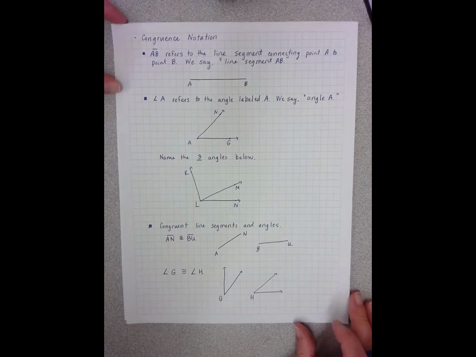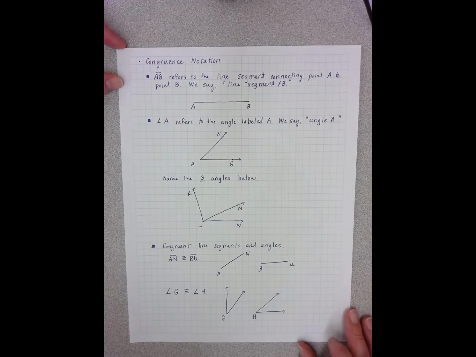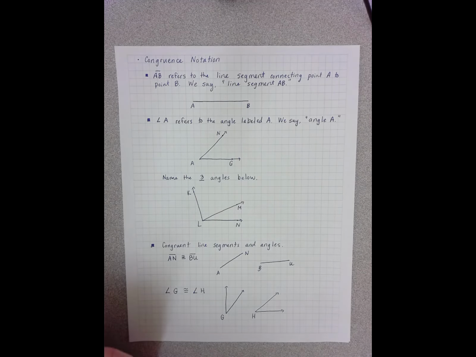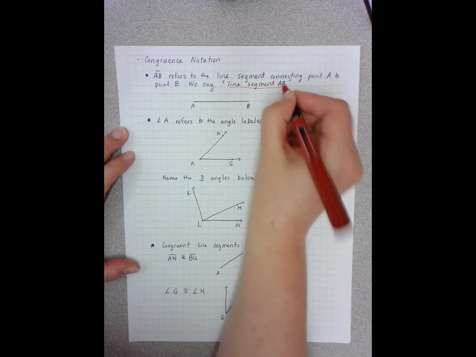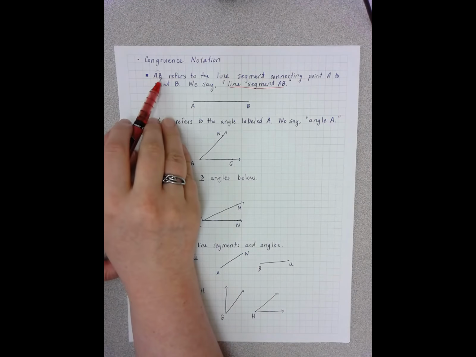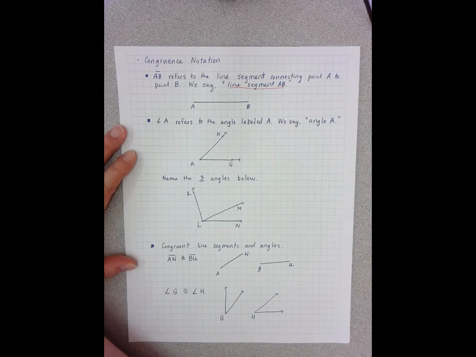Now, we've been using some notation on our drawings that I just want to formalize here. So a couple of different things. You've heard me say the words line segment AB. And we write that as AB with a line on the top. And it looks like a line segment.